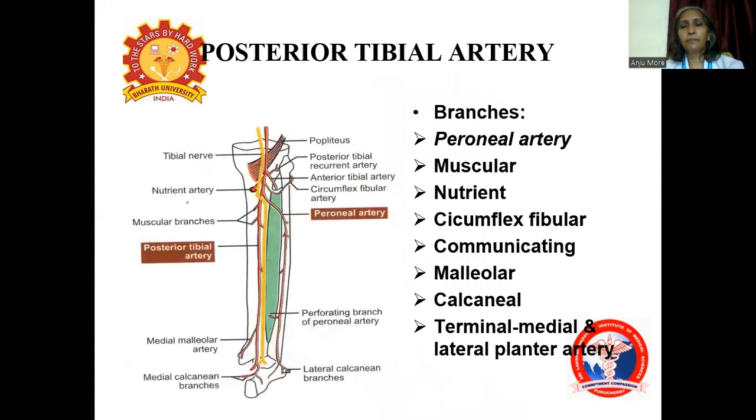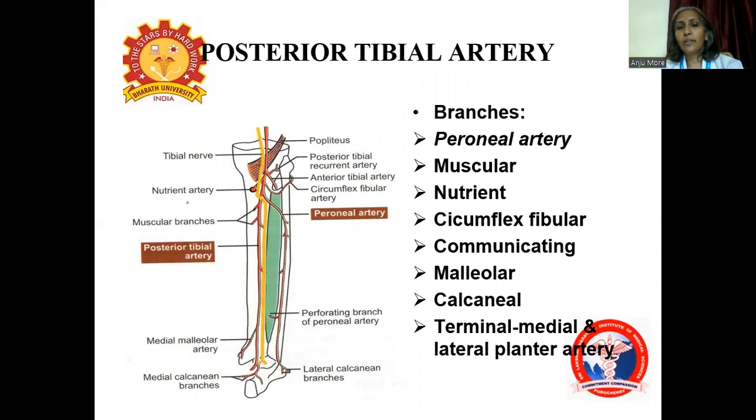The branches of the posterior tibial artery in this region are the peroneal artery, muscular branches to the muscles, nutrient branch to the bone in the region, that is the tibia and fibula, circumflex fibular branch going around the neck of the fibula, communicating branches with the peroneal artery and the anterior tibial artery, malleolar branch at the malleolus.